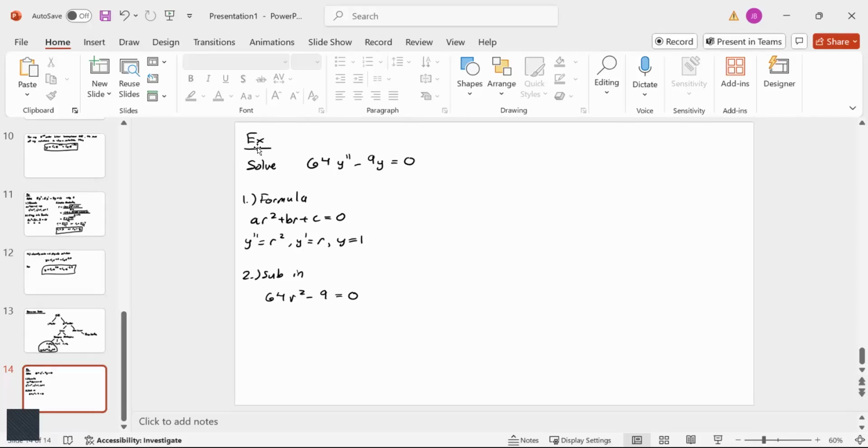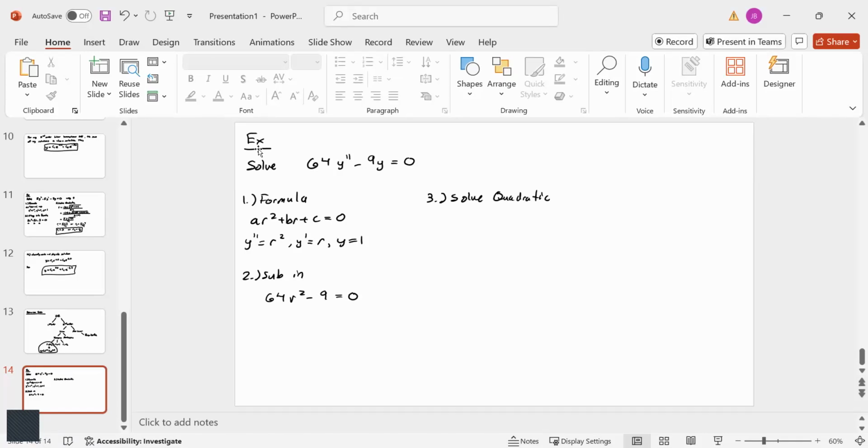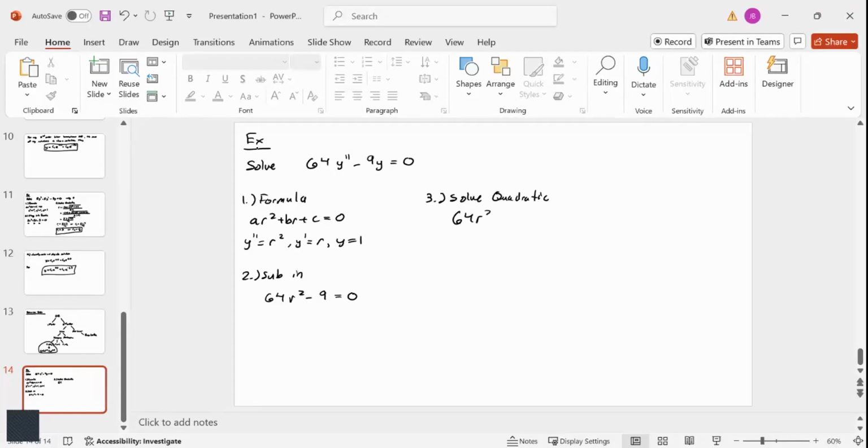Now, could you do the quadratic formula for this? Absolutely, but you don't have to. This is one of our favorite quadratics because if you're missing the r component, you can just solve for the variable using the square root. So what I mean by that is you can move the 9 over like that.